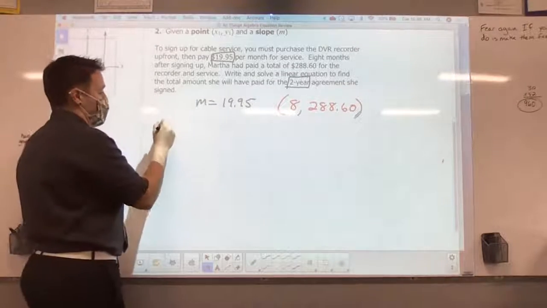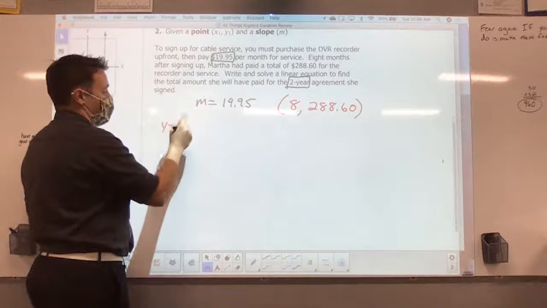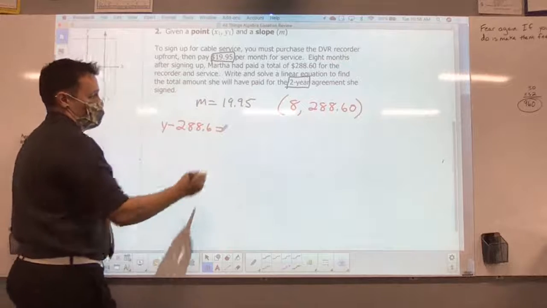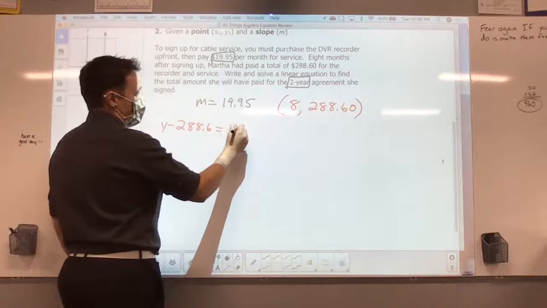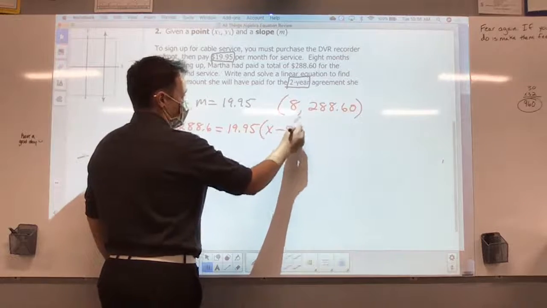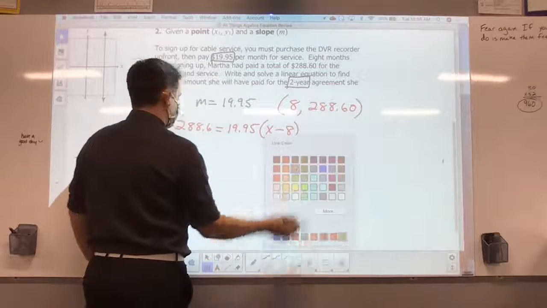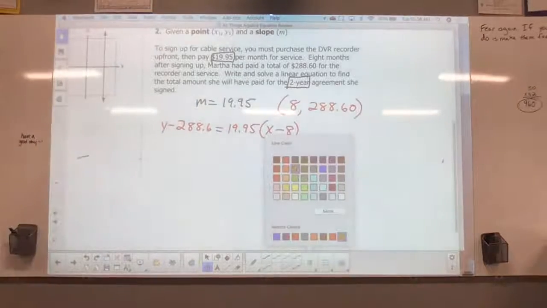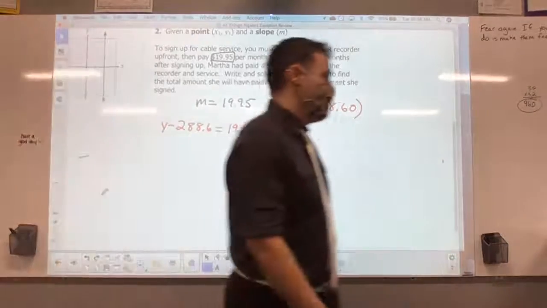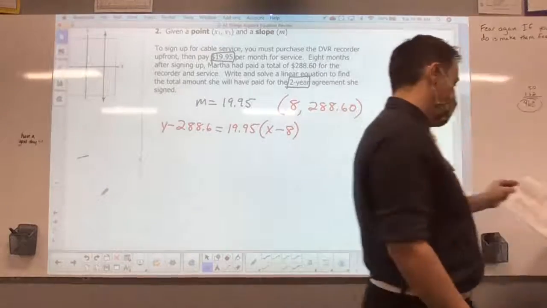So it's going to be y minus, and then you put 288.6, equals 19.95 times (x minus 8). And then you would go through this process, okay? So now you do the simple math on this. I don't have the math on this, you'd want to use a calculator.